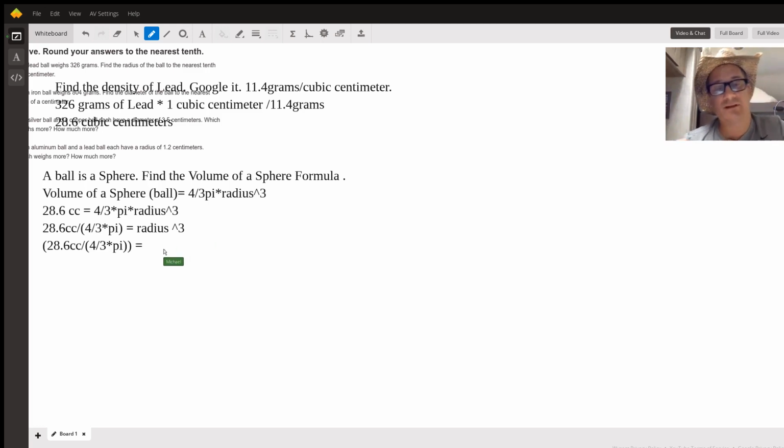Now we have to get rid of that cubed on the radius side, right? We got to get rid of that raised to the 3. So to do that, this is the following operation. I'll do it over here. So we have this. I'm going to show you what happens now. I wrap that up. I raise that to 1/3. That cancels.